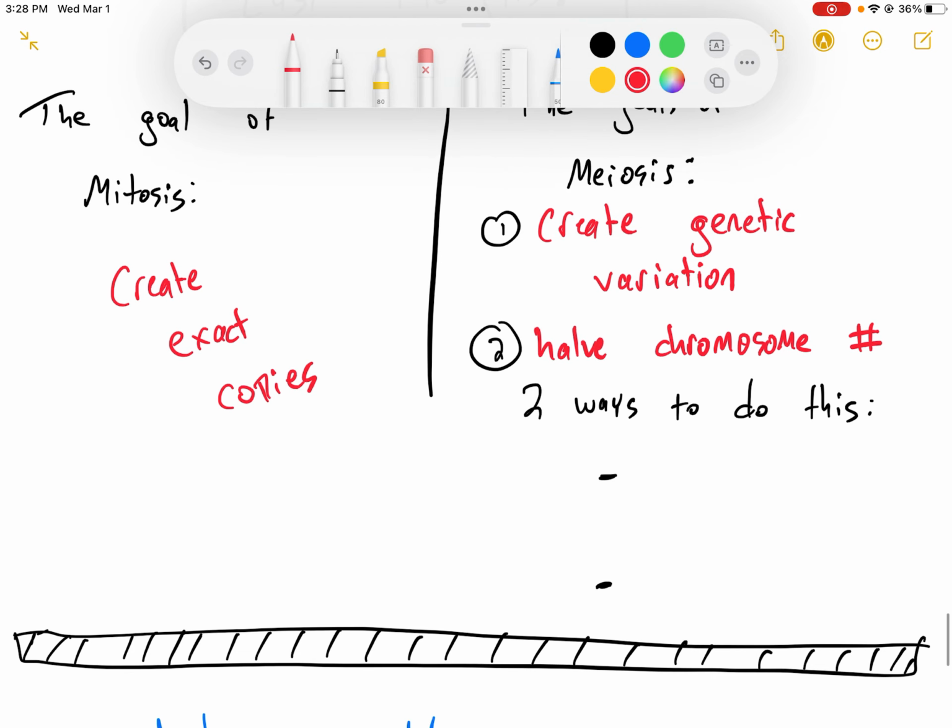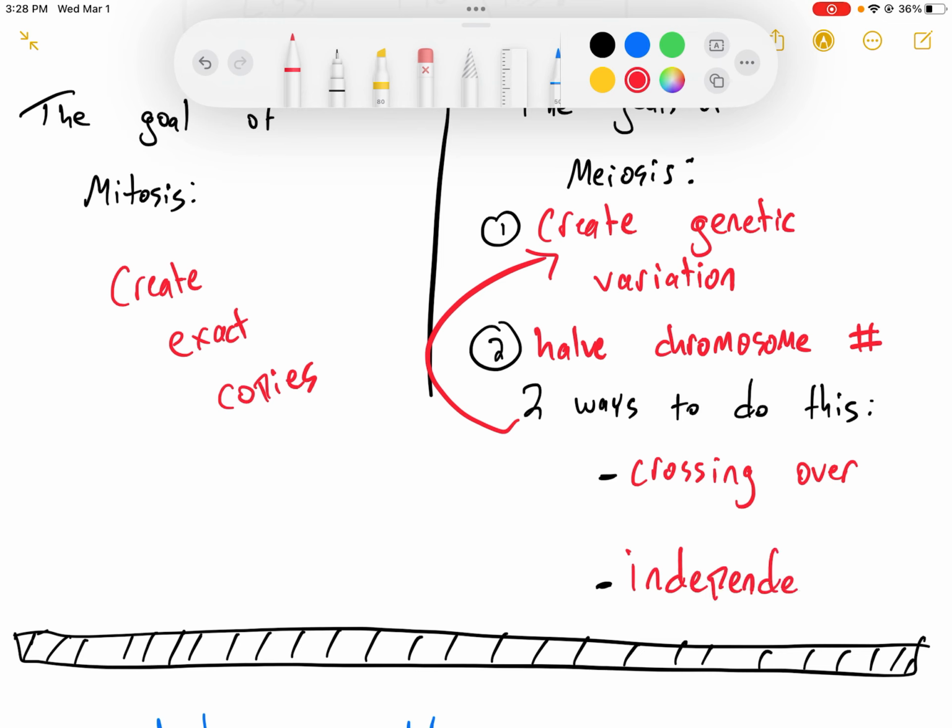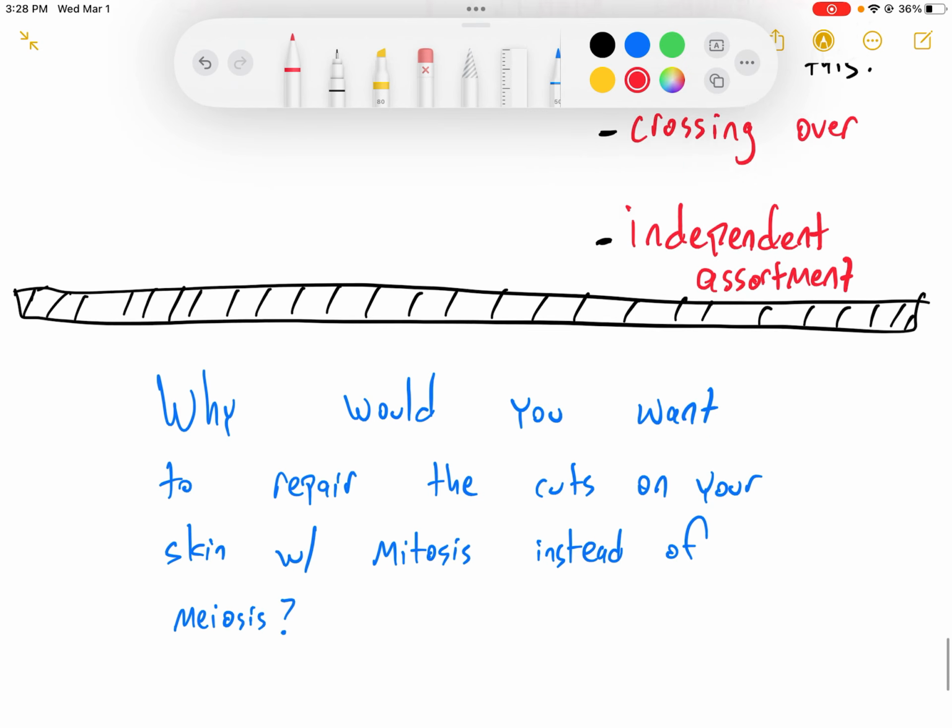There are 2 ways to create genetic variation, all right? One of them is crossing over, and another way is by independent assortment. As long as you understand that crossing over and independent assortment both create genetic variation, then you're good to go.